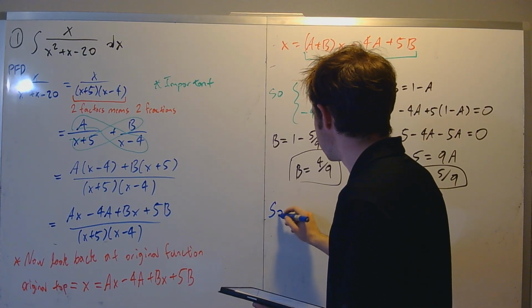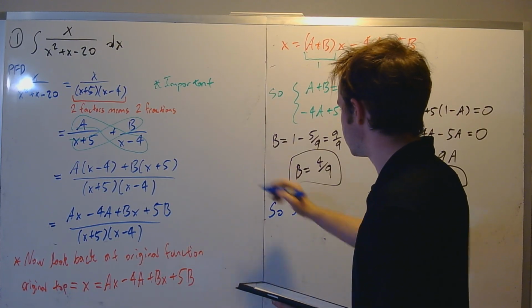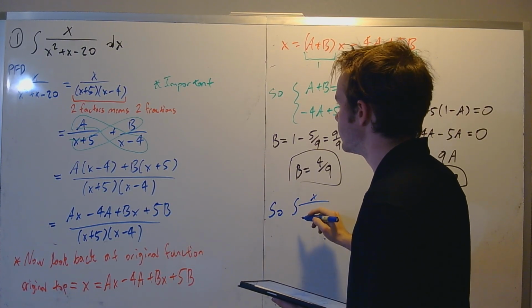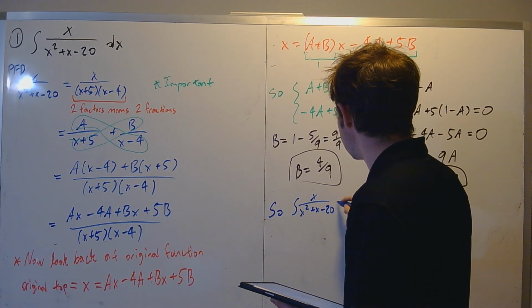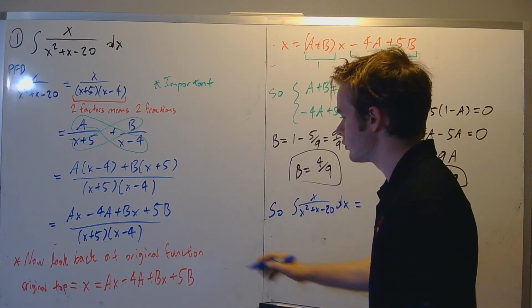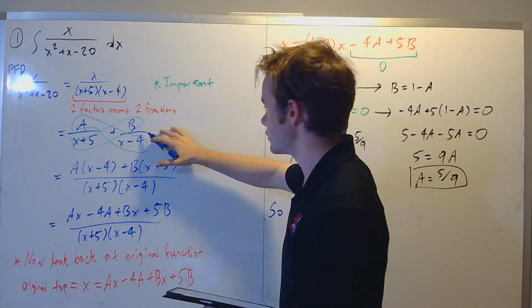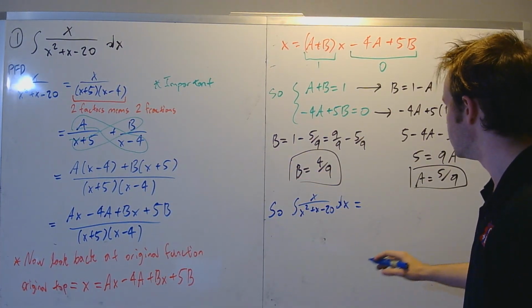So we can write here, the integral of this fraction, x over x squared plus x minus 20 dx equals, well, we said the fraction was actually equal to this, and we found what a and b are.